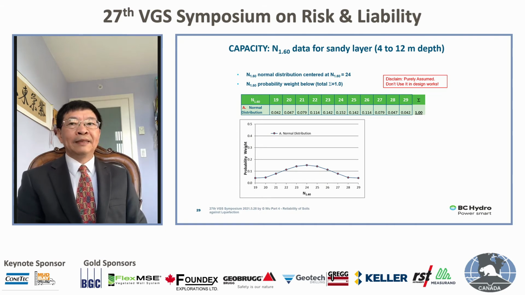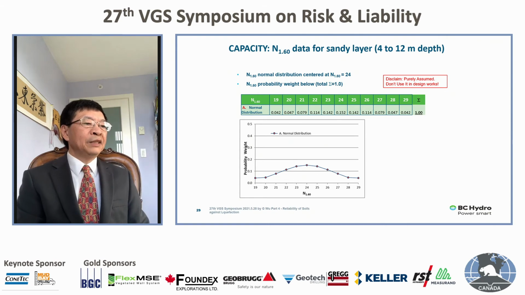Now, if you look at the capacity side, you will see the N160. I also look at the variation of N160 from 19 all the way to 29. So N160 varies from 19 to 29 at one increment.